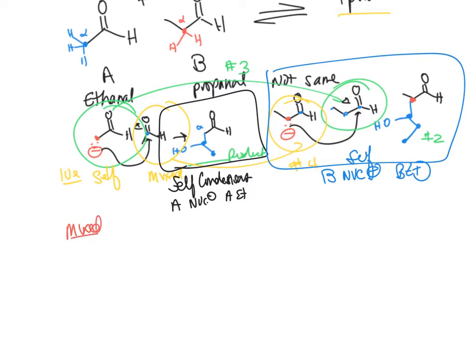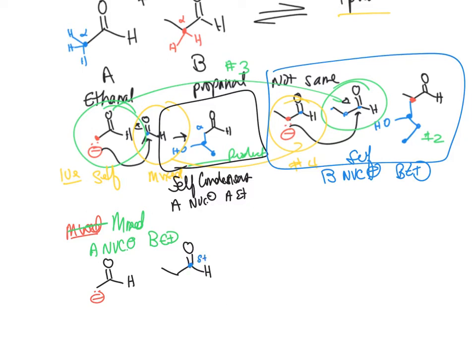So what if we took, let's make it green, we made A your nucleophile and we reacted it with B your electrophile. So once again, I'm just going to go ahead and show this. Here is your nucleophile, and then over here, B is your electrophile.